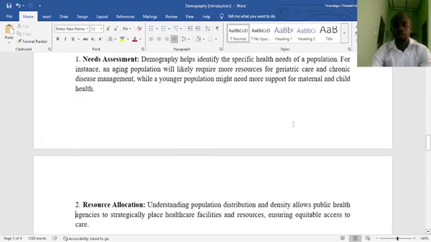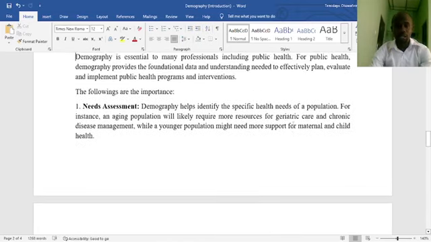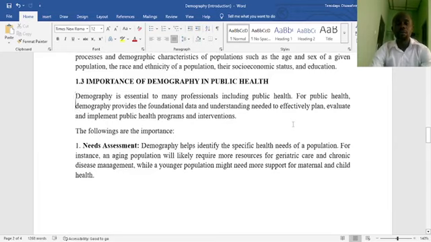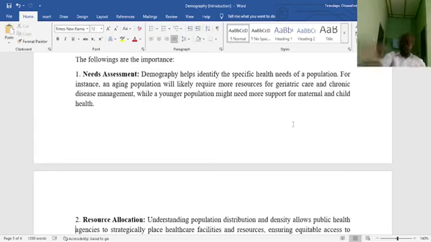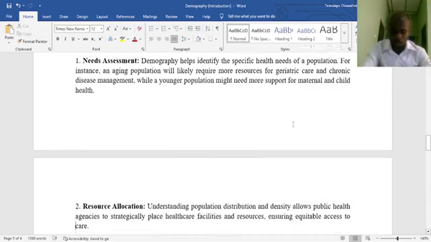So here we look at the importance of demography in public health. It helps in assessment of the needs of the population. With demography, it helps identify the specific health needs of the population. An aging population will likely have more resources needed to take care of them and chronic diseases than a much younger population.